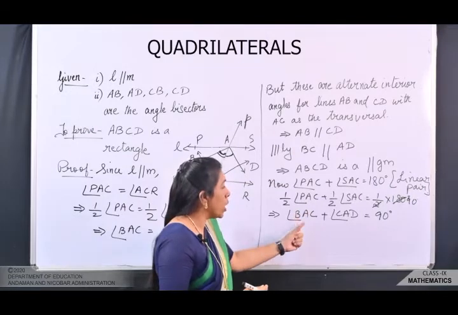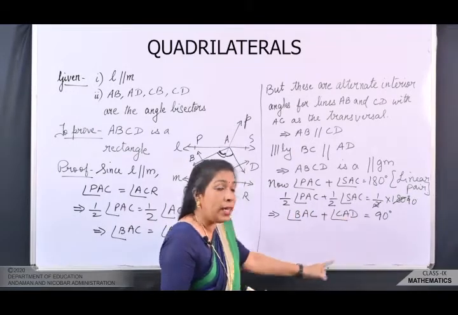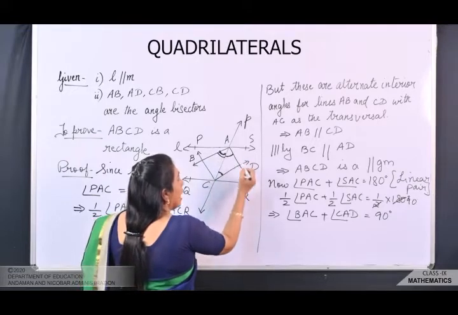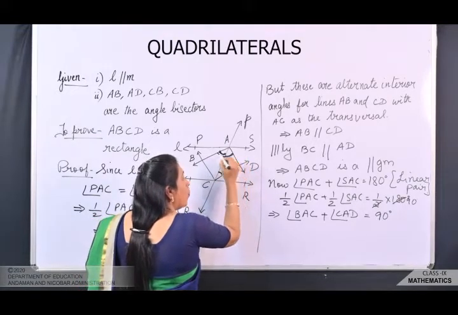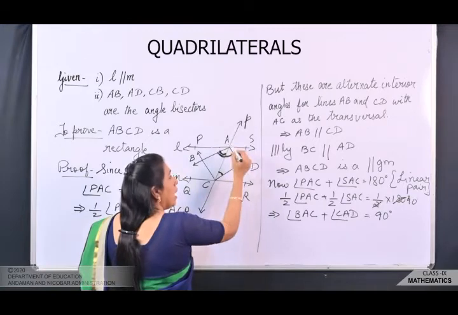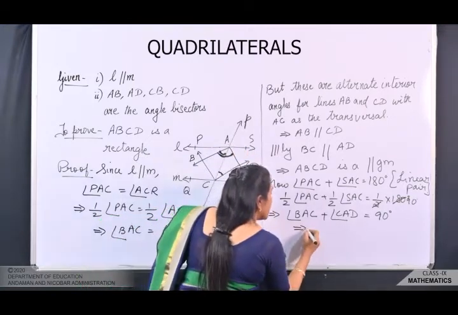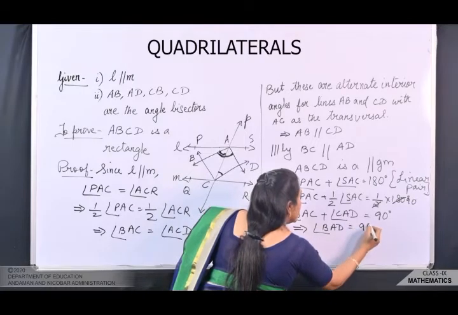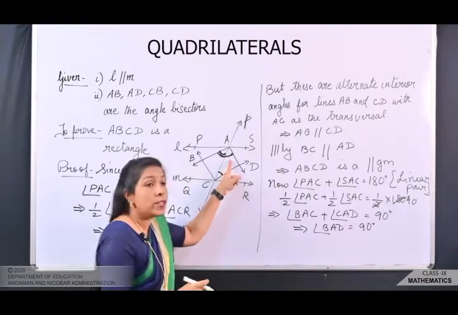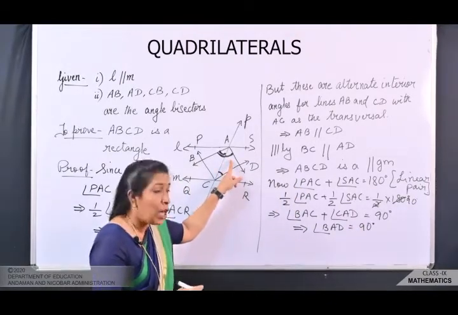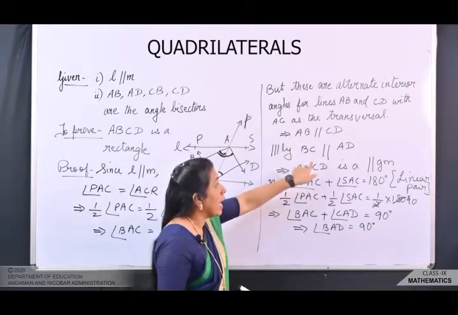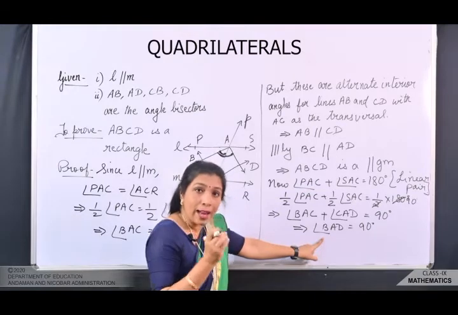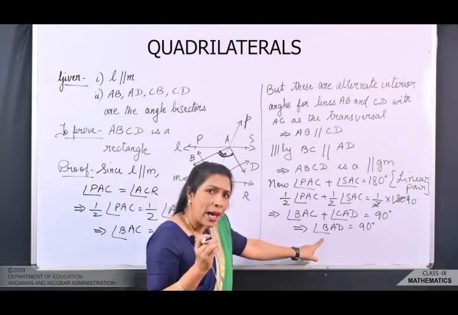Okay children, so you get BAC plus CAD is equal to 90. वो क्या है? देखिए, BAC ये हो गया, CAD ये हो गया, यानी कि आपको मिल रहा है ये पूरा एंगल, that is BAD, which implies angle BAD is equal to 90 degree. तो आप देख सकते हैं this is one angle of a quadrilateral. तो हमें मिल चुका है कि ABCD is a parallelogram and we also got कि one angle is 90 degree. तो हम क्या लिखेंगे?